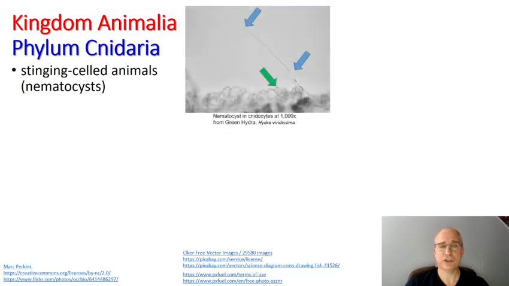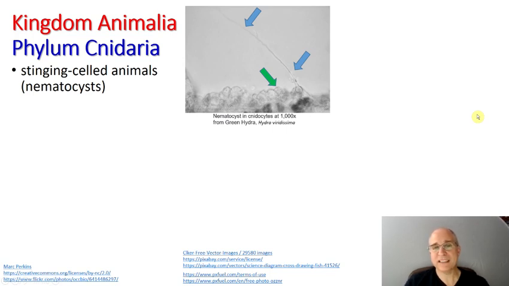So here you see a picture from a type of cnidarian called a hydra, which is a very small freshwater animal. And these nematocysts are essentially teeny tiny little microscopic harpoons. So if you look at the cnidocyte, at the tip of the green arrow here, here is the cell that has the nematocyst all coiled up inside.